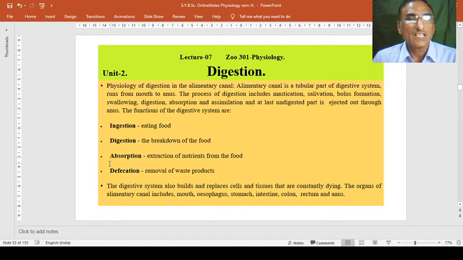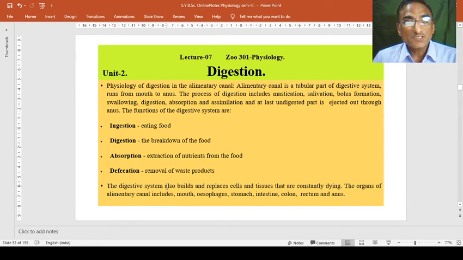Absorption means extraction of nutrients from the food which is already digested; the digested material is absorbed by the intestinal wall. Defecation means the removal of waste material which is not digested in the body. The food material which is not broken down and assimilated properly is thrown outside the body, which is called defecation.